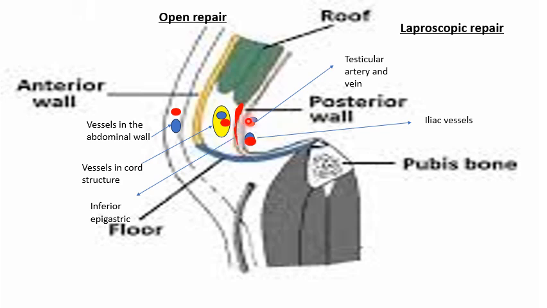And beyond the transversalis fascia, you have the testicular and the iliac vessels. So you will be encountering these till you reach the posterior wall in the open repair. And when you do the laparoscopic repair, you will only look at these vessels. You will not even be able to see these. This much I want you to take home.